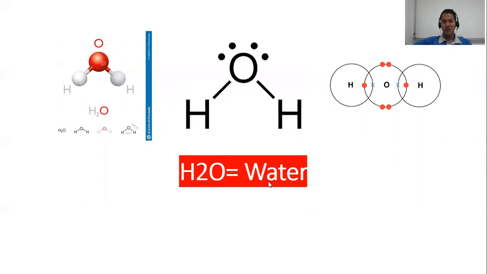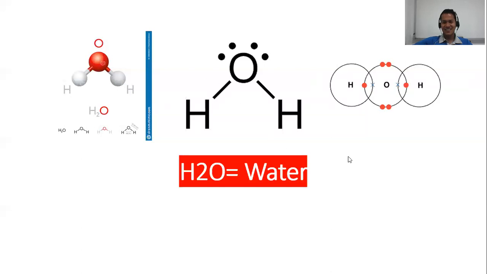Does that make sense? Or if you look at another model, it's going to look like this. The red circle is the oxygen. These 2 white ones represent the hydrogen.